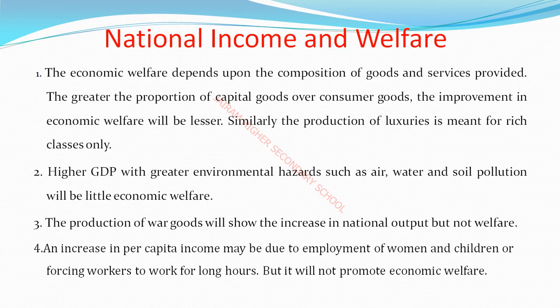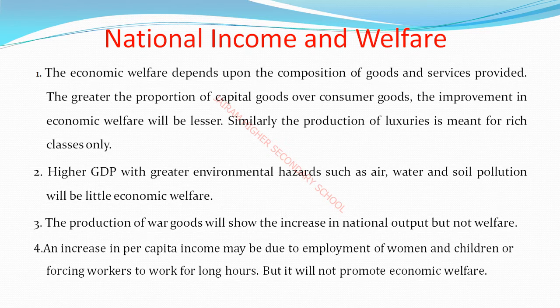Also, the increase in per capita income may be due to the employment of women and children, forcing the workers to work long hours. If a factory engages women workers and child labor, forcing them to work more than 8 hours, it automatically increases the per capita income, but it will not promote economic welfare.